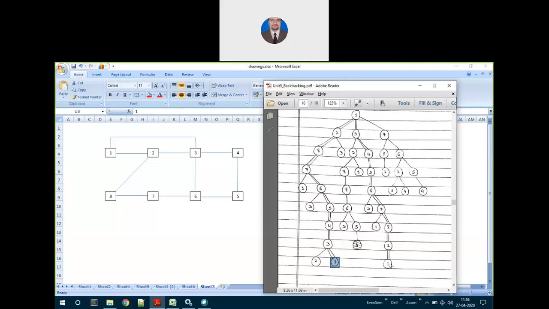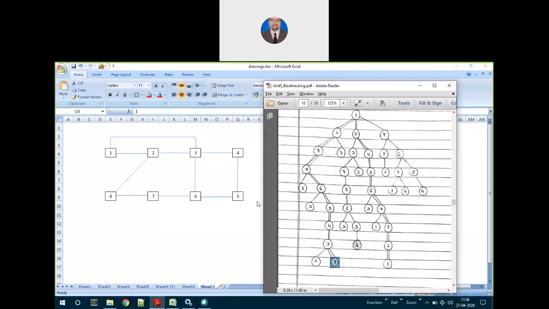So that is the second solution. So for the point of examination, suppose for 5 marks, if you get a question on the Hamiltonian cycle, the question would be: define Hamiltonian cycle, or what is Hamiltonian cycle? Okay, and they may give one particular graph and ask you to represent the state space tree and find the set of solutions.